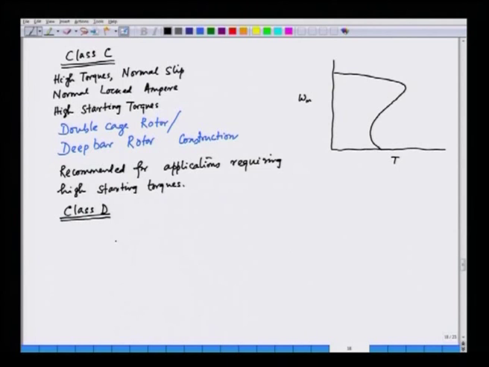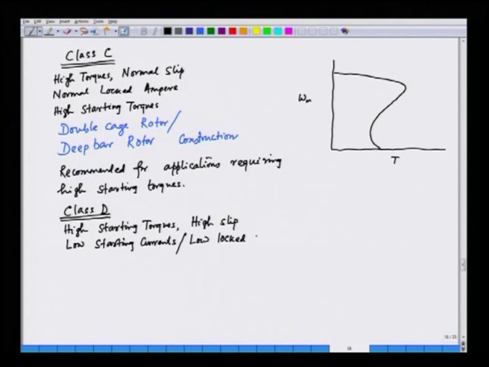So what do we have here? We have high starting torque and high slip. Naturally the slip will be high here, and low starting current, the same as low locked amperes.